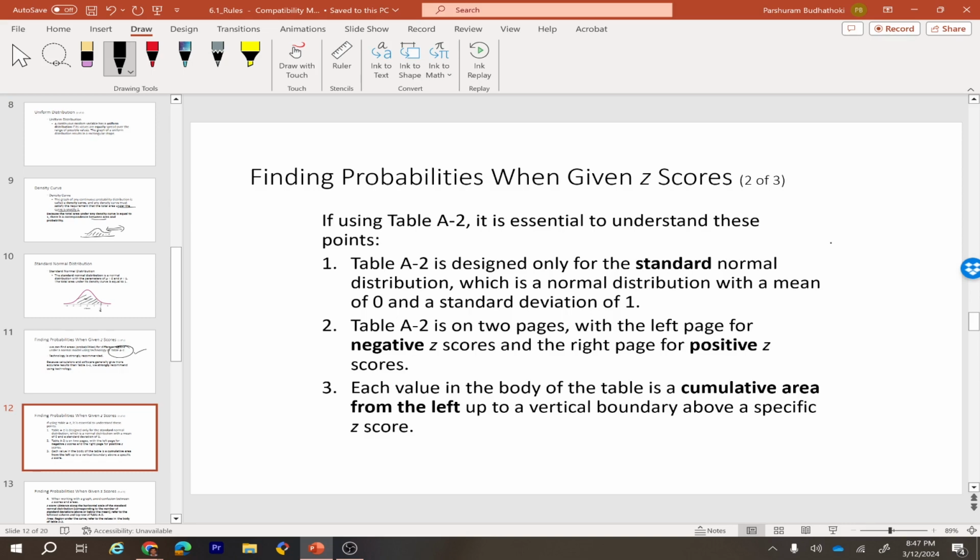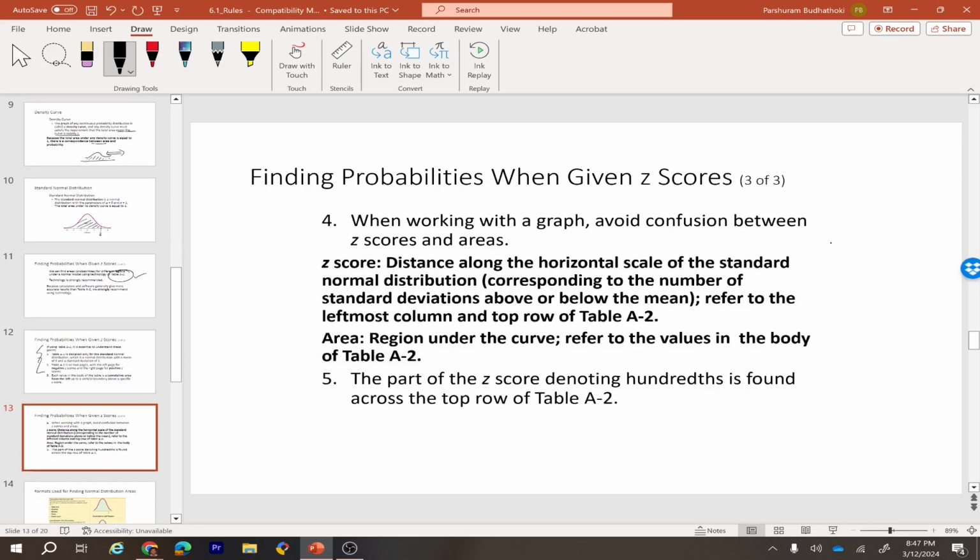If you are using the table, there is some information you have to be careful with, as given here, but I'm not going to worry about that. One thing to keep in mind is that you should understand the difference between the z-score and the area. What is a z-score?